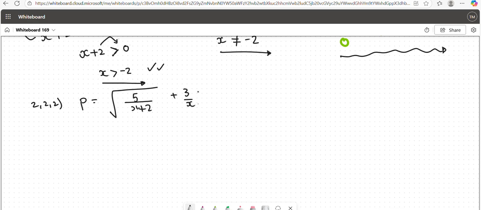Oh no, the other one is the other way around, sorry. The x is there over 3. Alright, so let's substitute that value of 3.